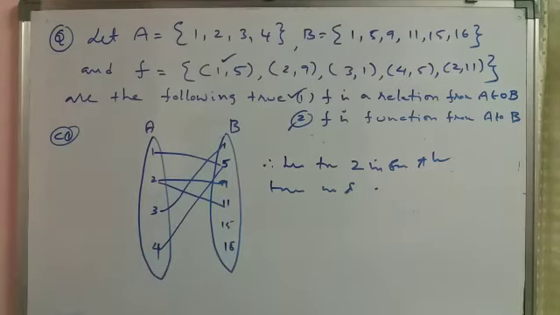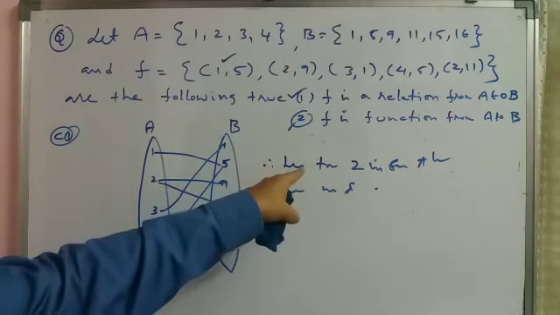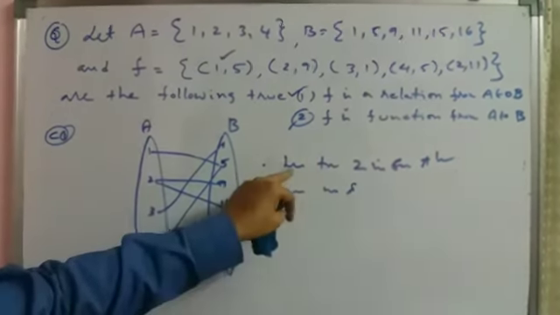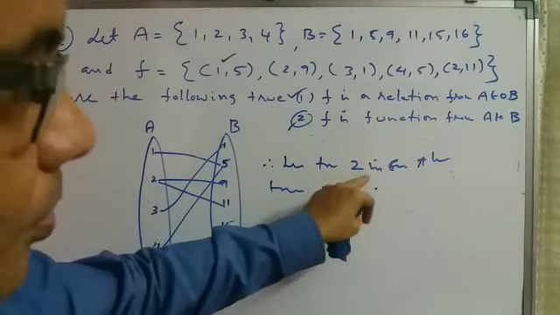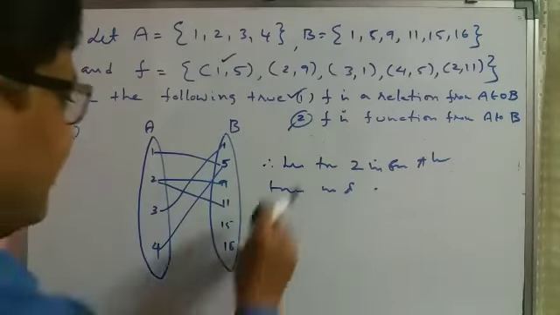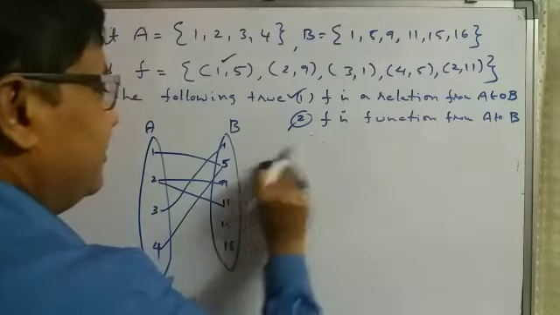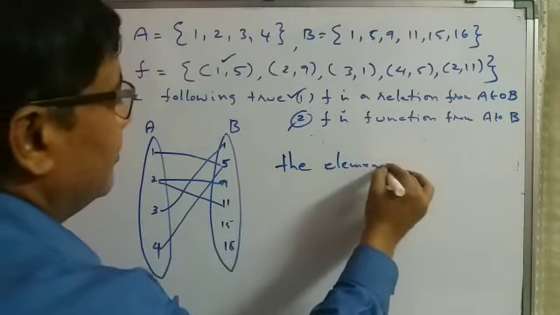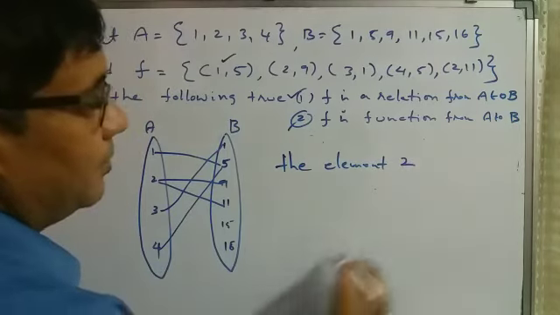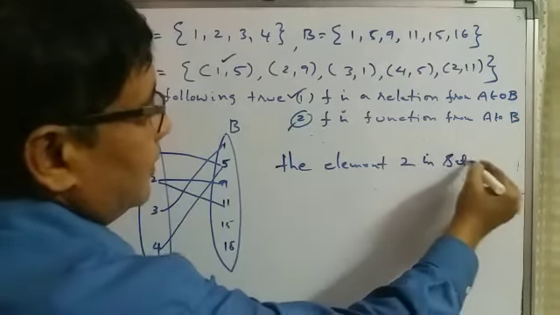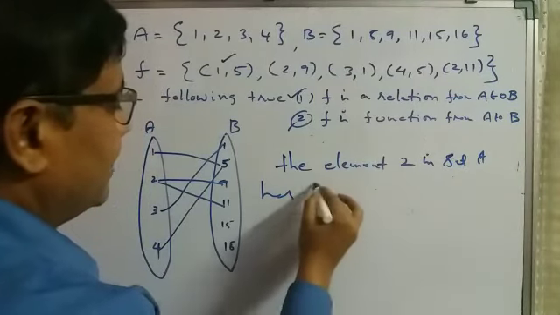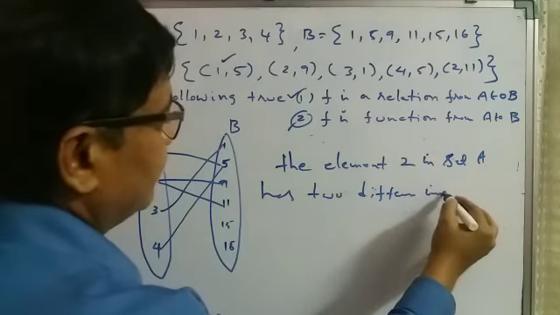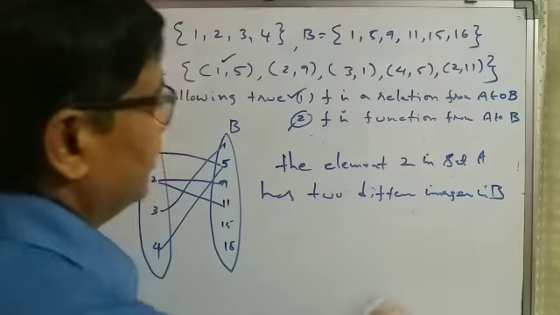f is not a function because the element 2 in set A has two different images in set B. Please understand, students, right? Write it this way, or otherwise, don't worry.